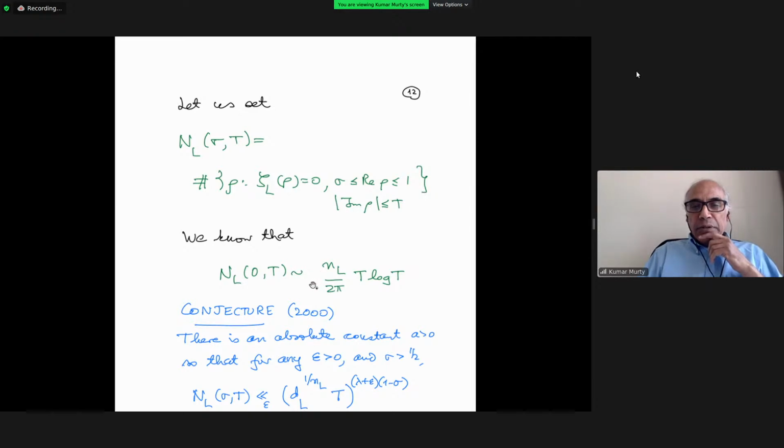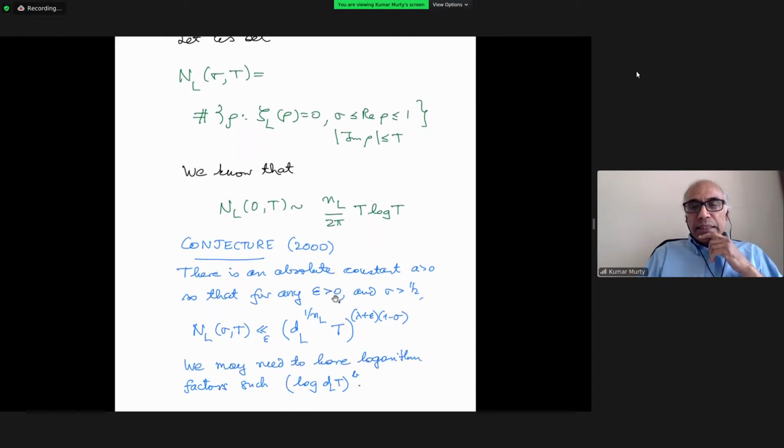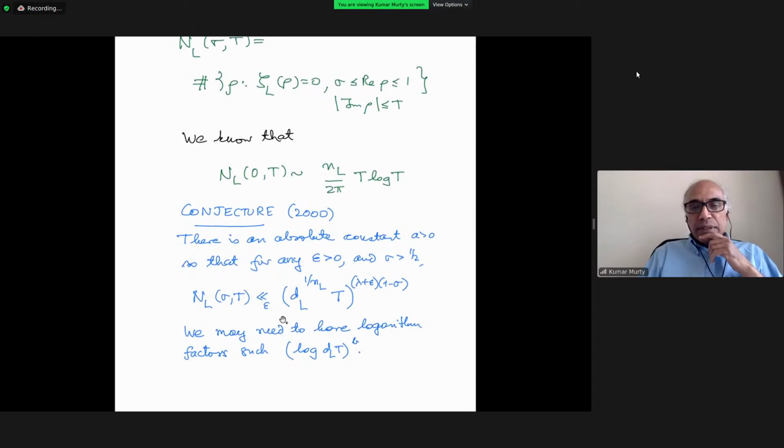And you know just by the usual analytic number theory argument that this will grow like T log T, and the constant in front is the degree of the top field over 2 pi. So here's the conjecture, also made in the same paper as the previous conjecture, namely that there's a zero density estimate of this kind: the root discriminant times T to the power some constant lambda times (1 minus sigma).